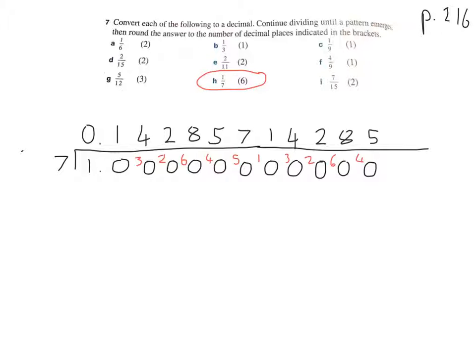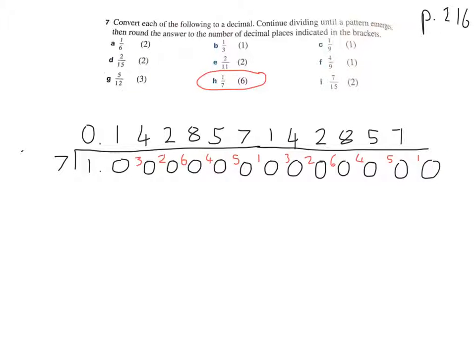Because 7 times 5 is 35, so there's a remainder of 5. We put a 0 next to the remainder. 50 divided by 7 is 7 with the remainder of 1. We'll put a 0. So now, as you can see, this is quite a lengthy decimal.